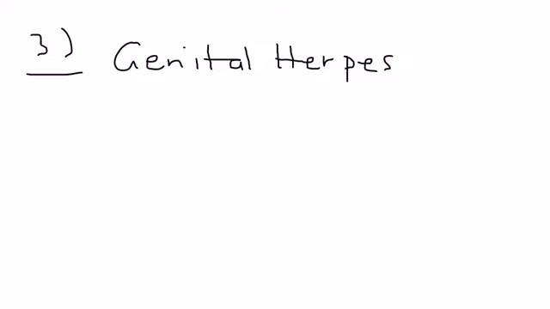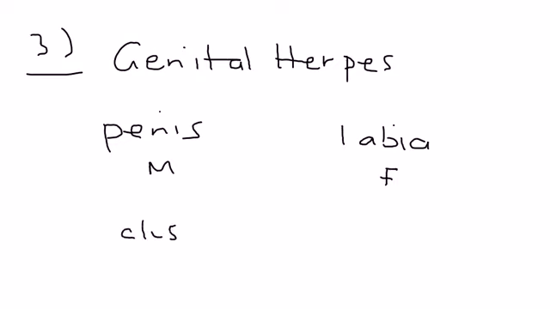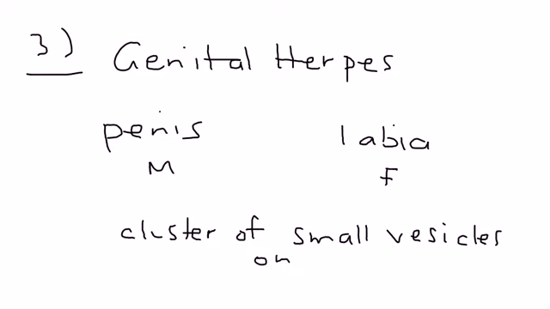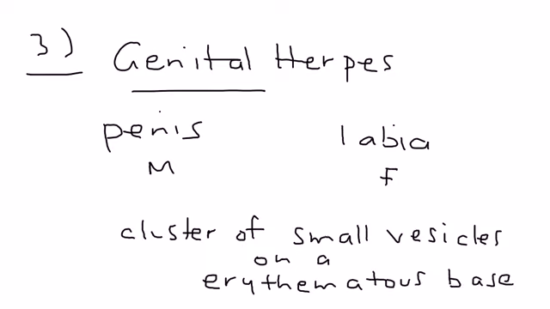Basically, on either the penis in a man or the labia in a female, you have the very similar cluster of small vesicles on an erythematous base. So very similar to the previous description, but this time it's appearing in the genital area.